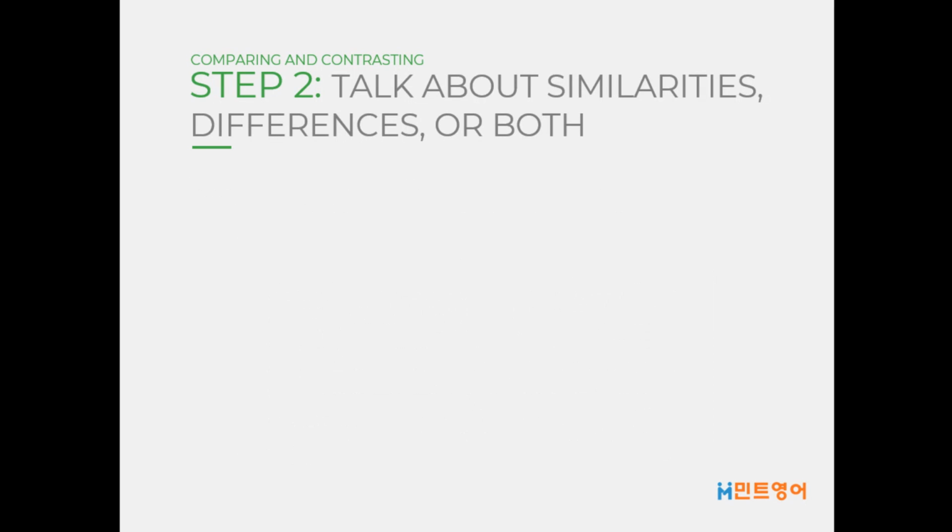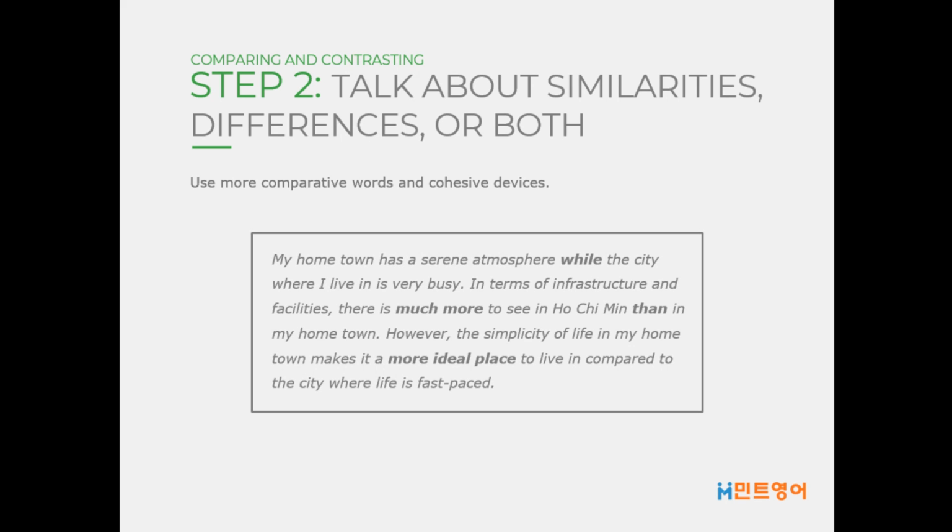The second method is to compare and contrast the subjects in different aspects. However, this method is more challenging than the first one because you need to use more comparative words and cohesive devices. Here's a sample body using this method.